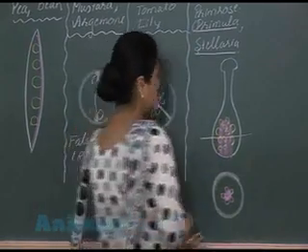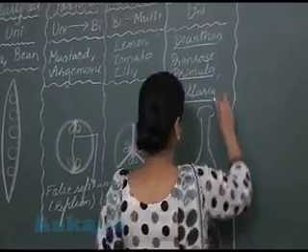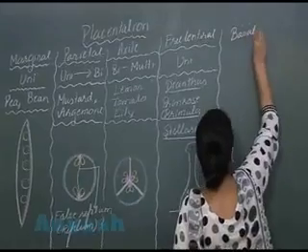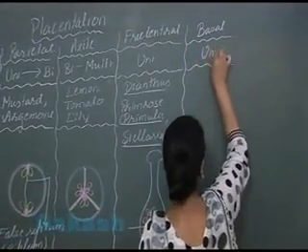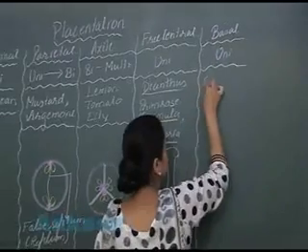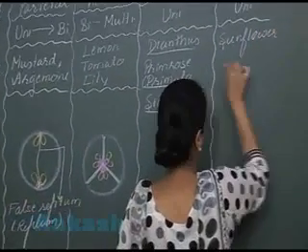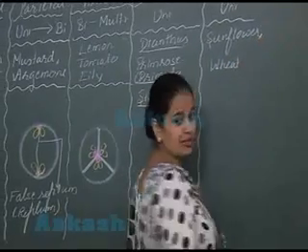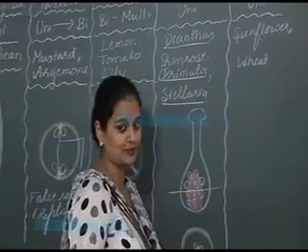Right. Now the next one, that is basal placentation. Again, in the basal placentation, the ovary is always unilocular. This is present in the sunflower as well as in the wheat. So sunflower, that's a dicot, and wheat is a monocot.